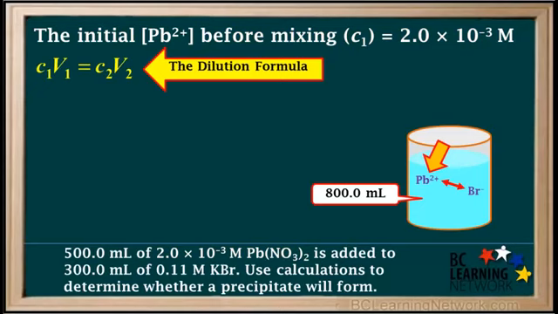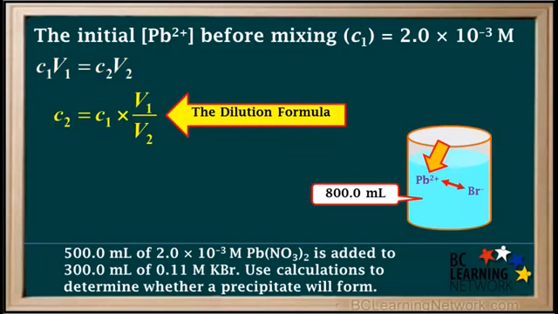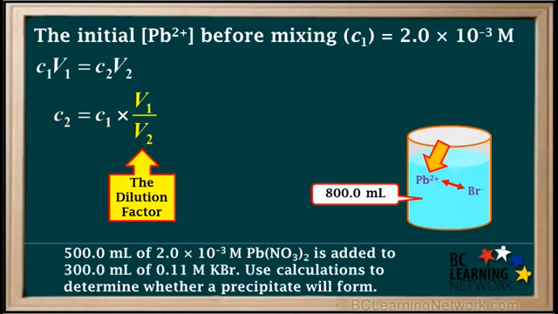In order to calculate the concentration of Pb2+ in the mixture, we use the dilution formula. C1V1 is equal to C2V2, where C1 and V1 are initial concentration and volume, and C2 and V2 are the final concentration and volume. Solving for the final concentration, C2, we get C2 equals C1 times V1 over V2. The ratio V1 over V2 is called the dilution factor.